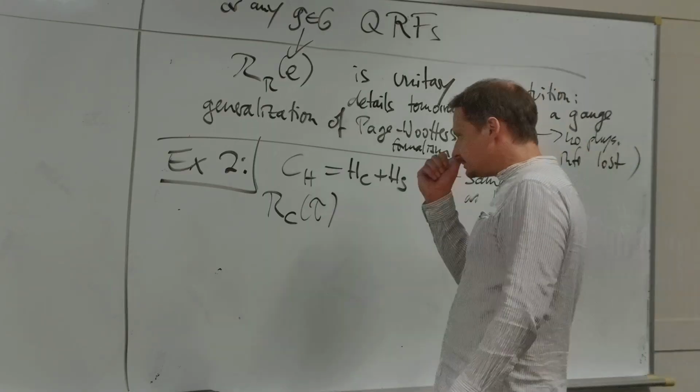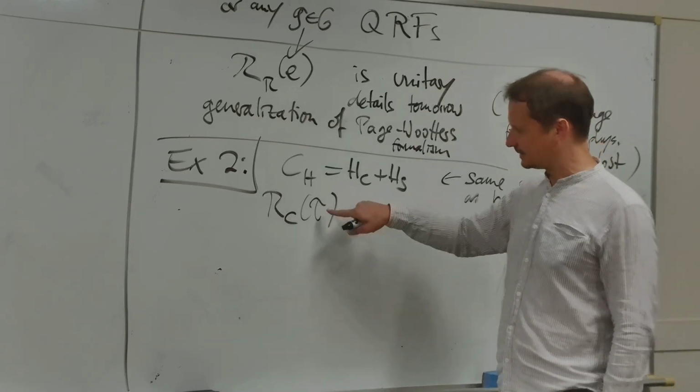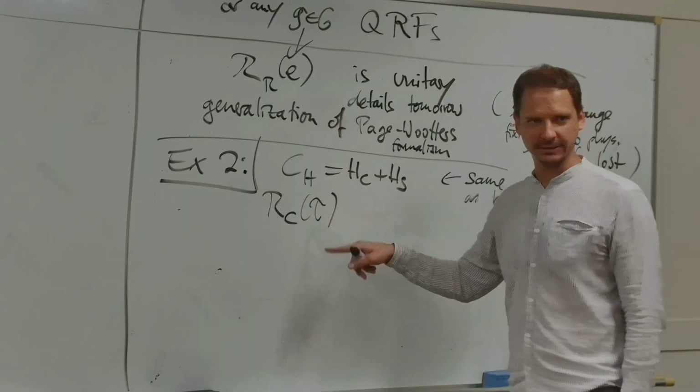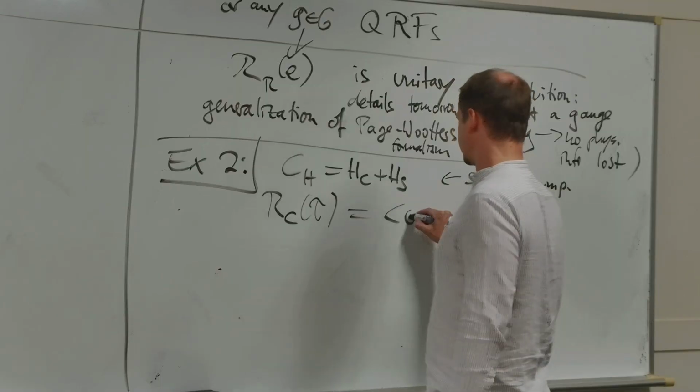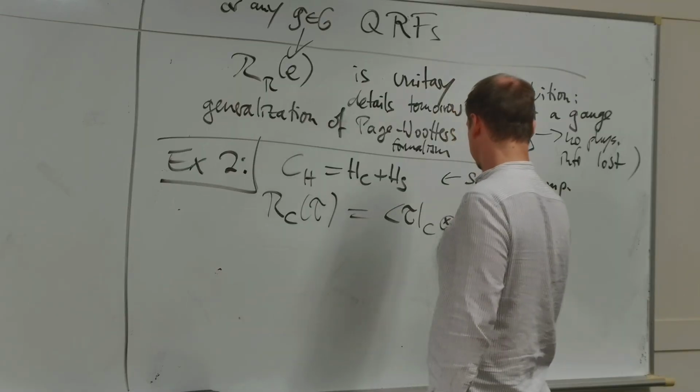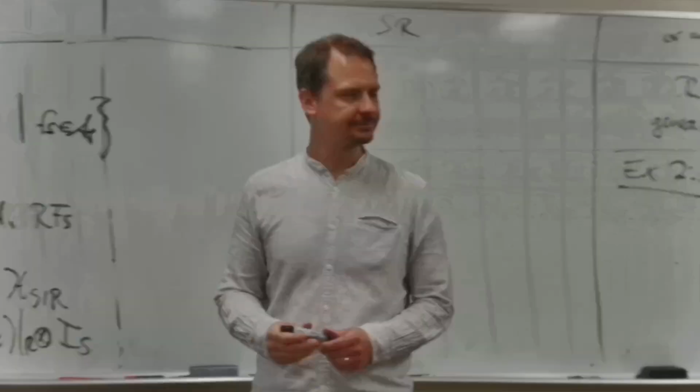So here, in the Page-Wooters formalism, I'm going to explicitly keep the general tau. So it doesn't have to be 0, it could be whatever. And we're just going to have tau on the clock and the identity on the system. So again, the clock stays as before.